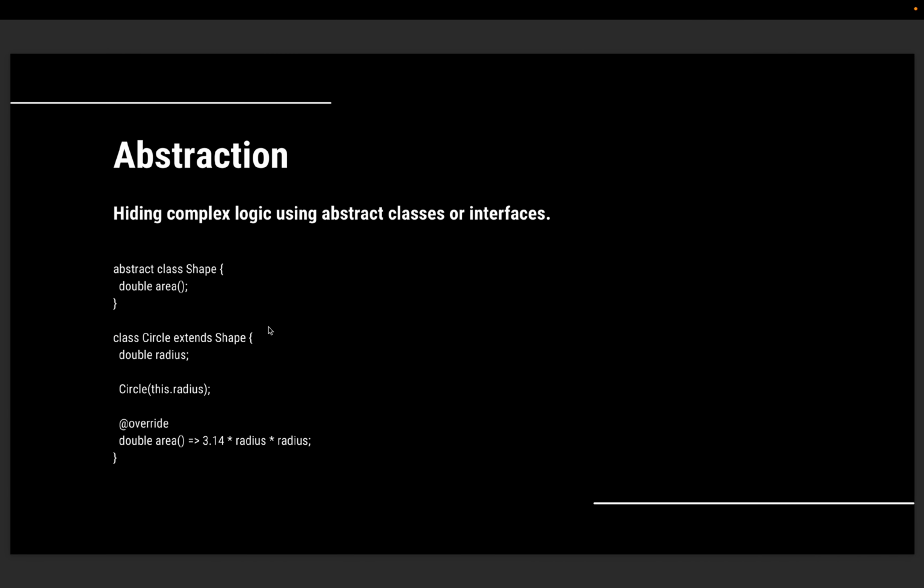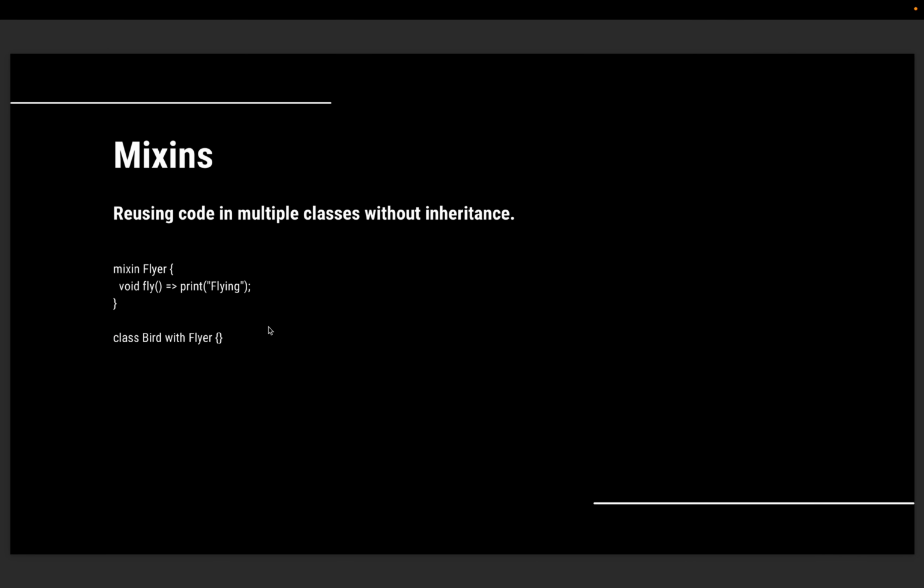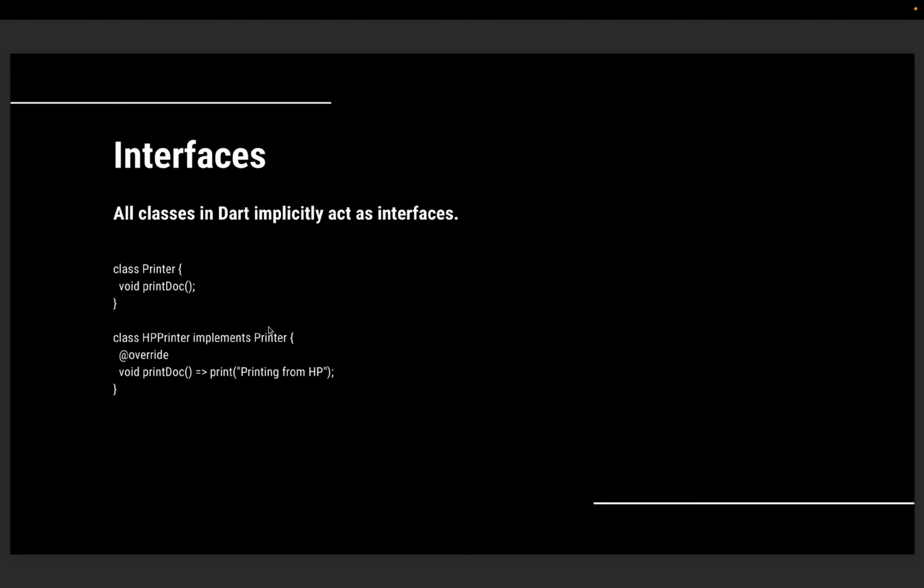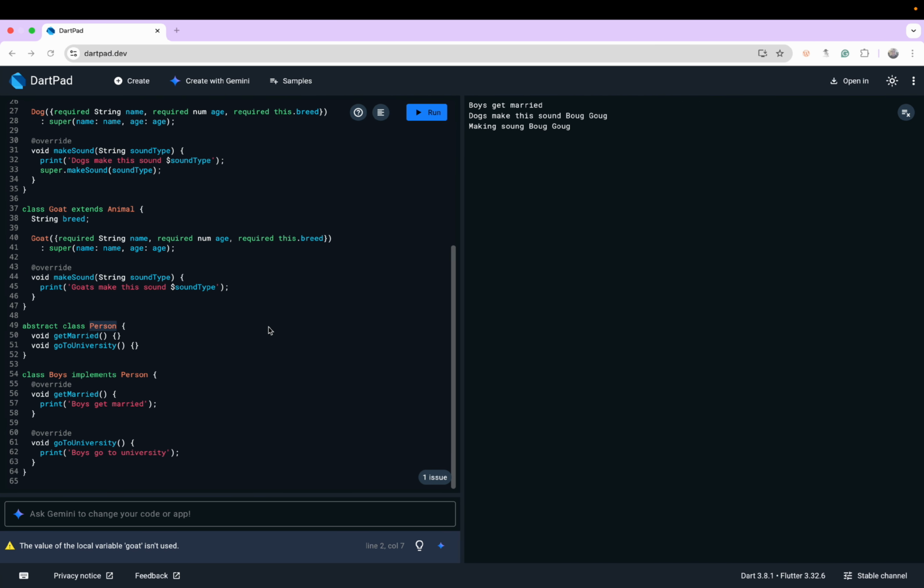So let's just quickly move to the remaining one, mixins, which is the final one. In our final one, mixins, what is a mixin? You know that we say we only support single inheritance.